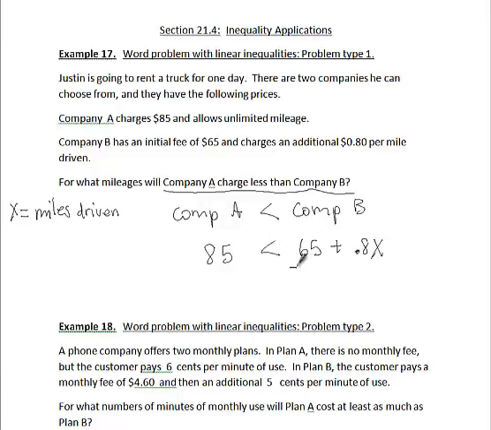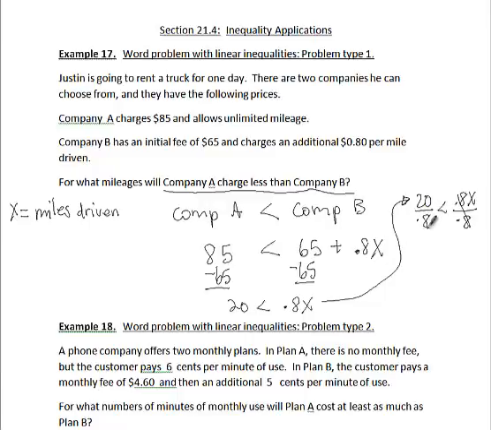All right, subtract 65 from both sides. We are left with 20 less than 0.8x. Okay, now if I divide both sides by 0.8, I get 20 over 0.8 less than 0.8x over 0.8.